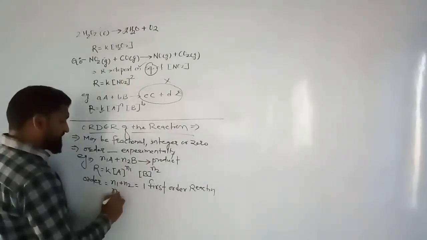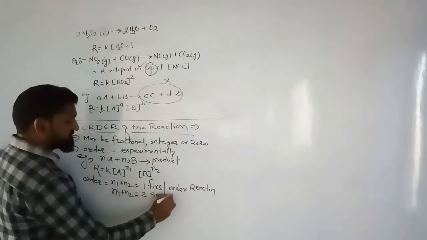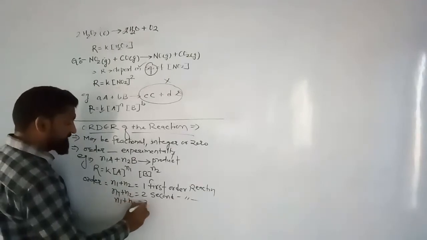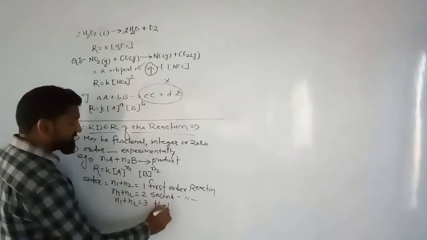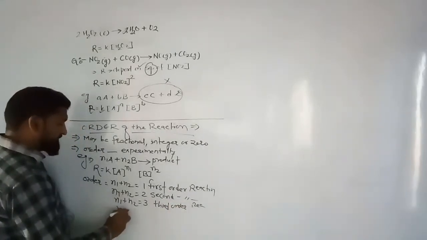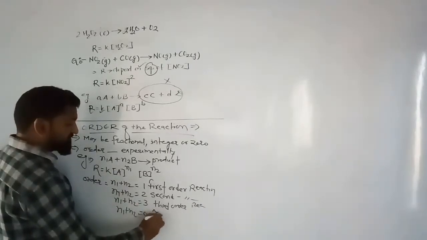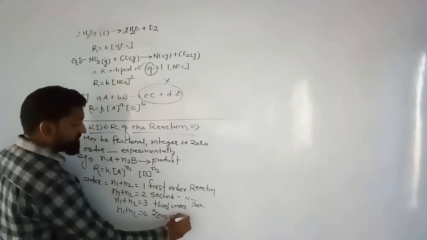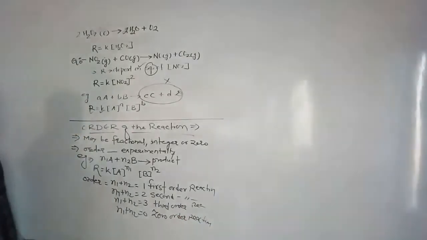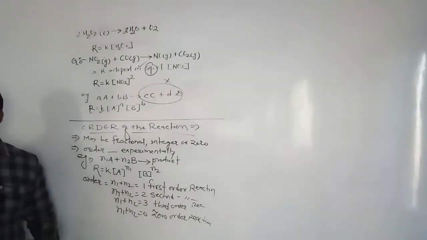If it is 2, then it is called second order reaction. If it is 3, then it is called third order reaction. If n1 plus n2 is equal to 0, then it is called zero order reaction. Understood?